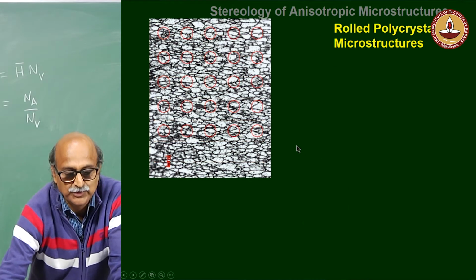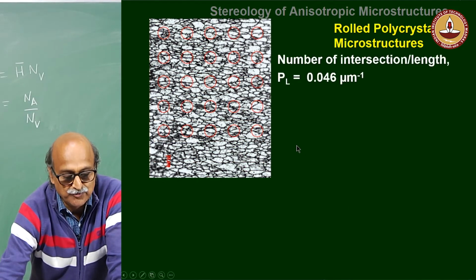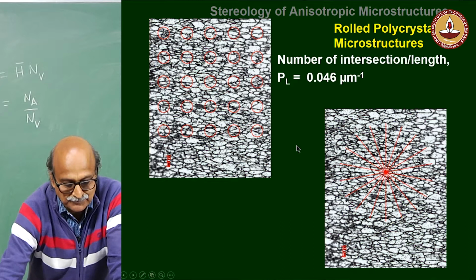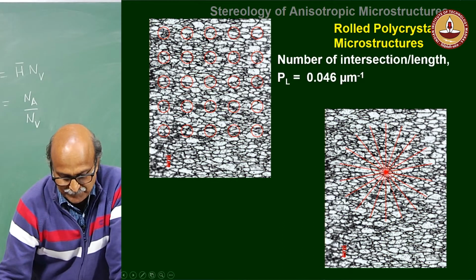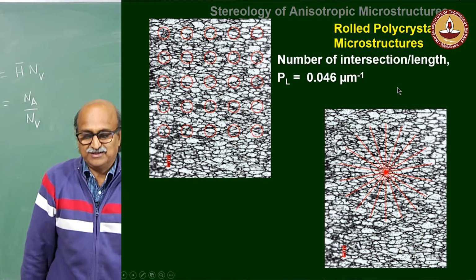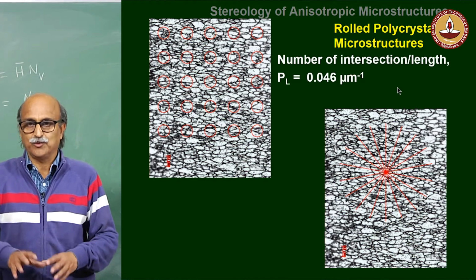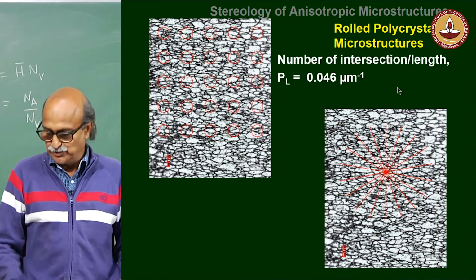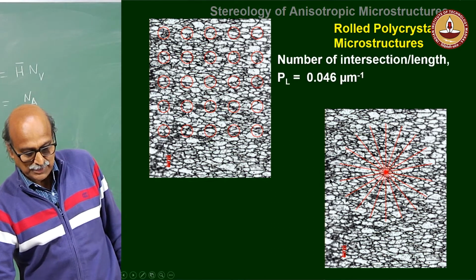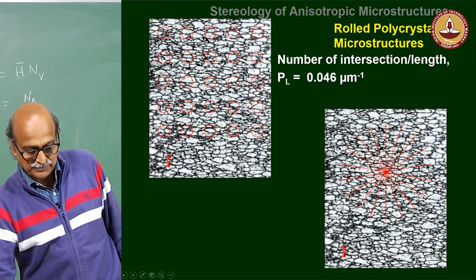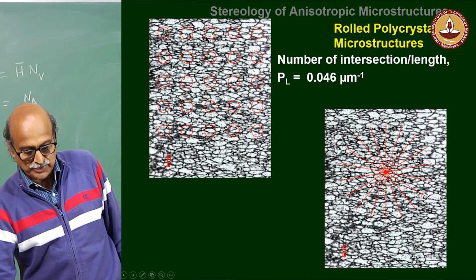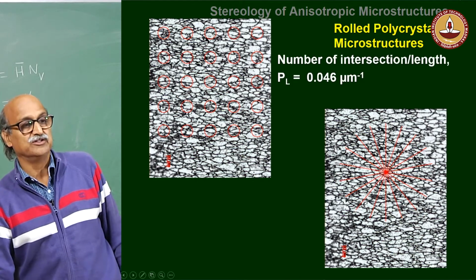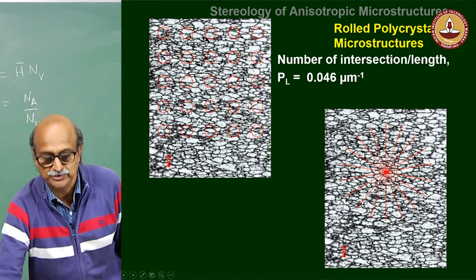So, you get an in-between value, and this is an alternative probe you can use, a varying orientation probe, where you are again using straight lines, but lines in different orientations. In fact, these lines are oriented with an angular spacing of 20 degrees between each pair of lines.